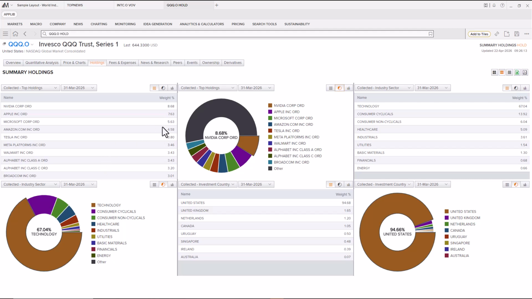Nvidia 8.6%, Apple 7.6%, Microsoft 5, Amazon 4, Tesla 3, Meta 3.6, Walmart, etc. So keep that in mind, that any kind of news flow would affect these stocks to the upside or downside.